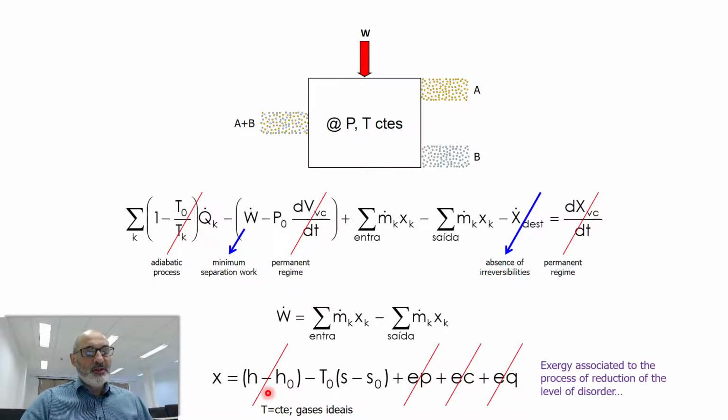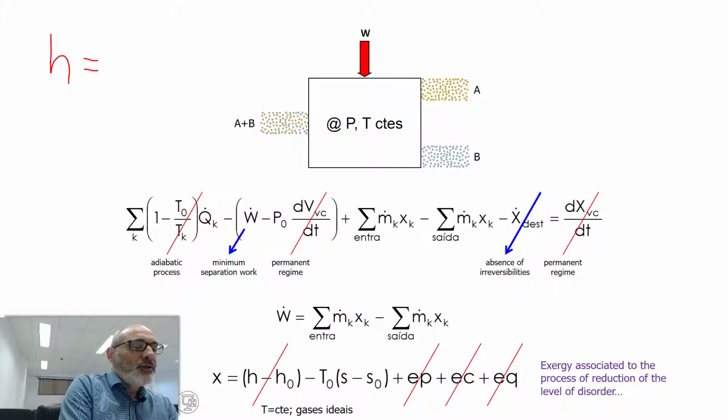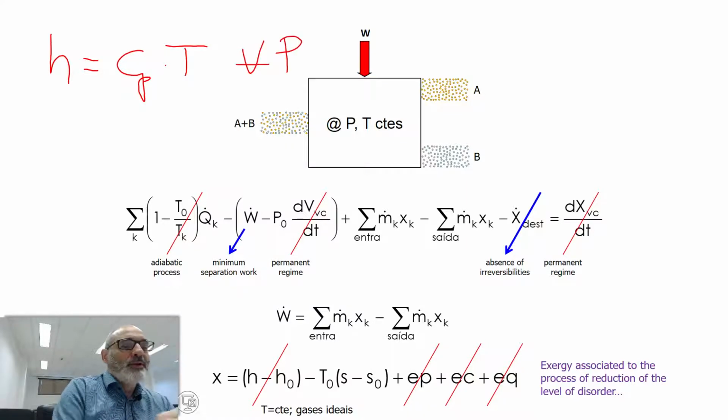There will be no enthalpy variation throughout the process because for an ideal gas, enthalpy depends only on temperature, okay? If the gas is ideal, you can write H equals Cp times temperature, no matter what pressure. It's independent from pressure, okay? So, since our temperature is constant, our enthalpy terms will cancel out each other, okay?